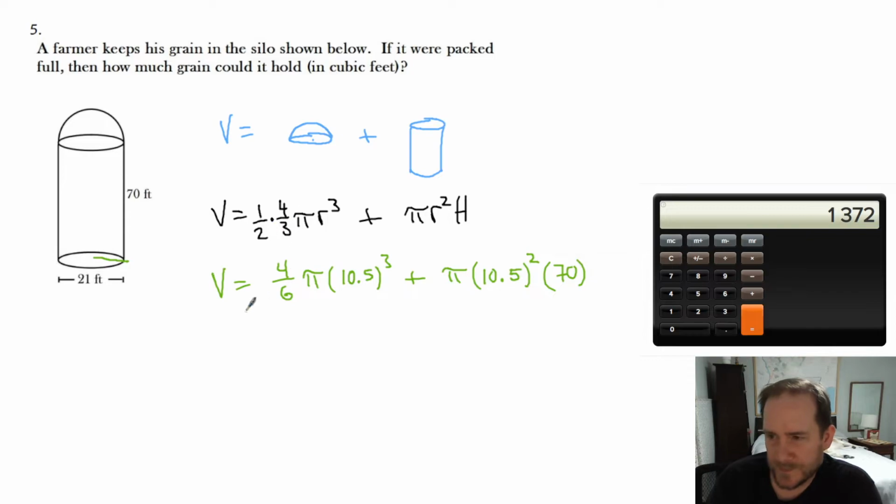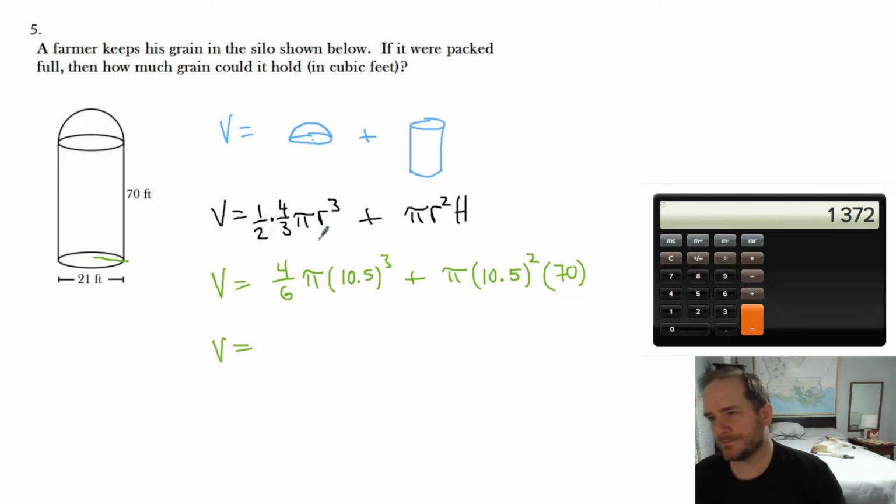So a lot of big numbers floating around. So what's this going to be? Well, if you use your scientific basic calculator, then I would do the 10.5 cubed first. So 10.5 times 10.5 equals times 10.5 equals.